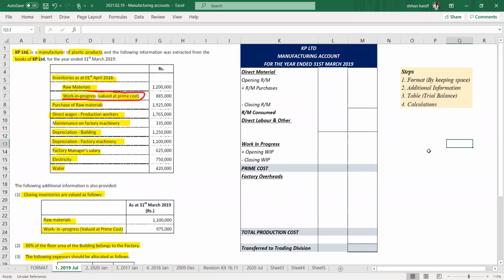Right. So we drew the format now. Then we have to start with additional information.